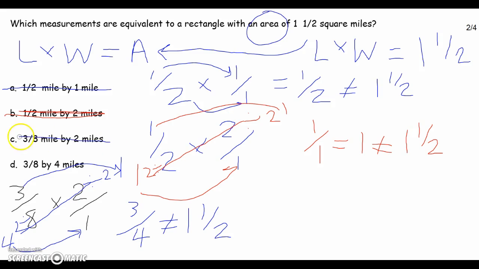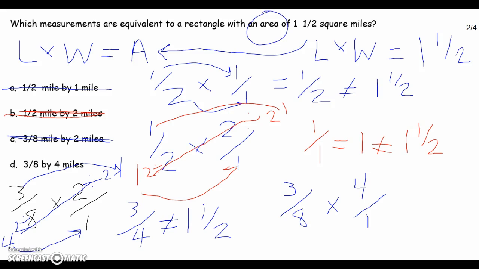So now we have narrowed down our choice to the last letter D, which more than likely is our answer, but we're still going to solve it. So let's go ahead and multiply 3/8 by 4. Notice that when I say "by," I put my multiplication sign. I am going to put my 4 over a 1. Yes, it makes this an improper fraction, but if you solve it, it would come to the whole number 4.